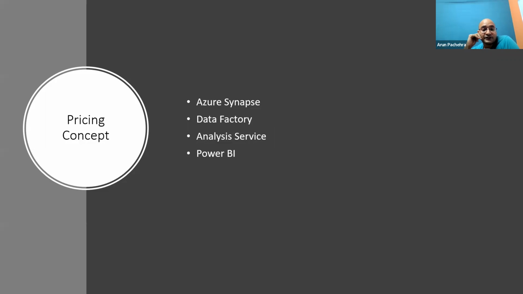Then we have Analysis Services, which is available in various SKUs like developer, basic, and standard tiers. Instances of these various SKUs are priced based on the QPUs. Yes, QPUs, which is query processing units, just like CPU, and available memory.